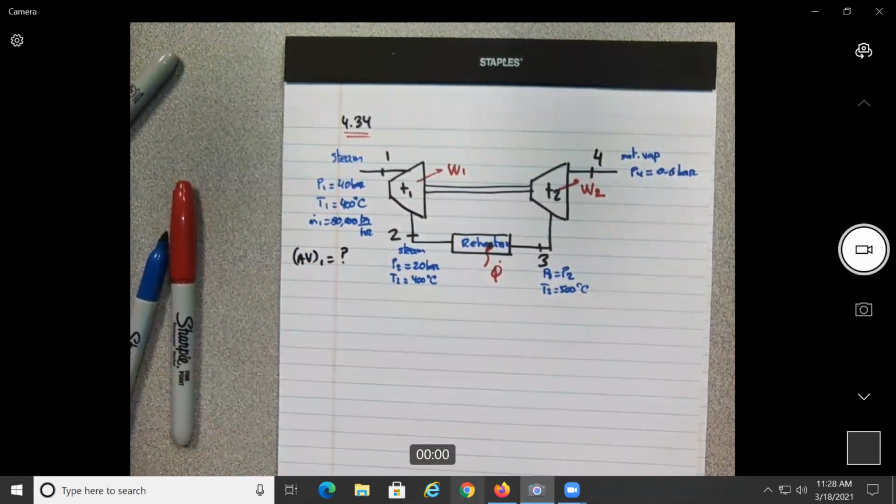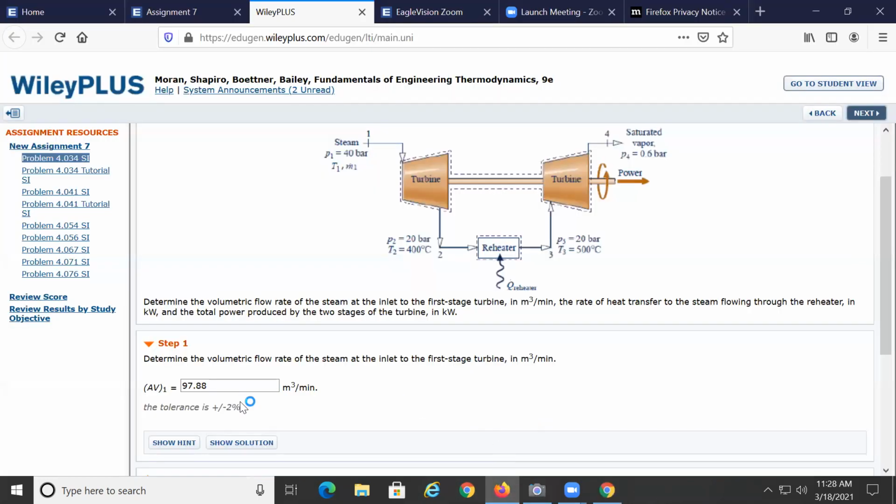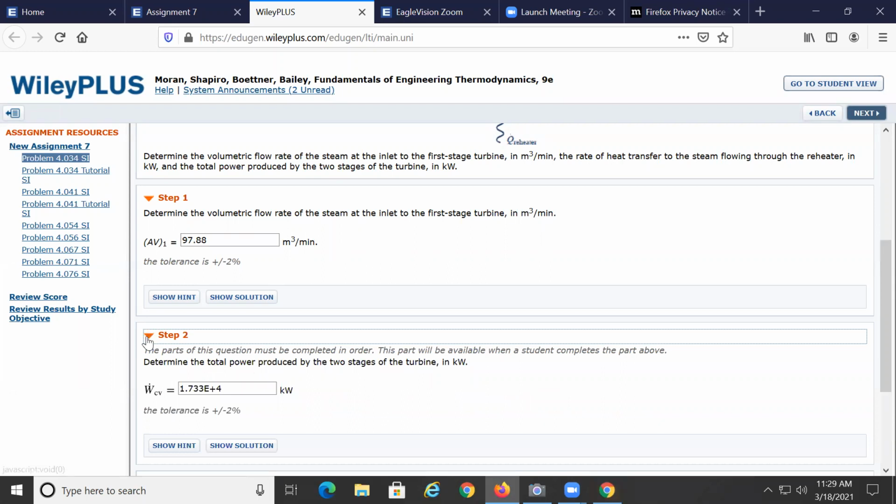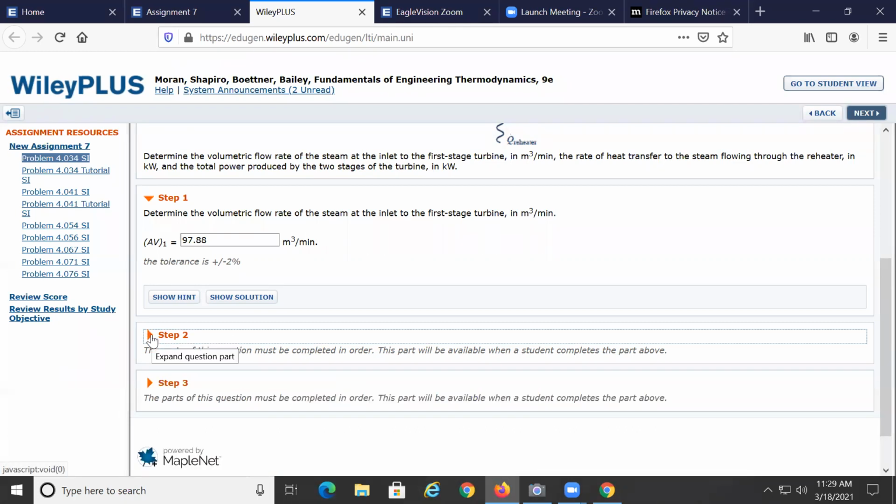And then step 2. Okay, so I guess we know what step 2 is. We need to determine the total power produced by the 2 stages. We need to find what is the total power.